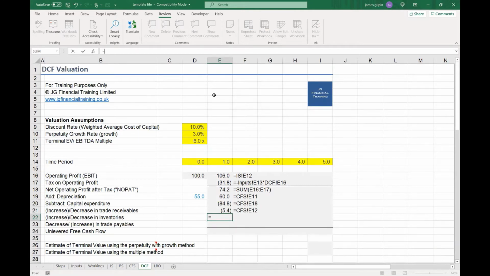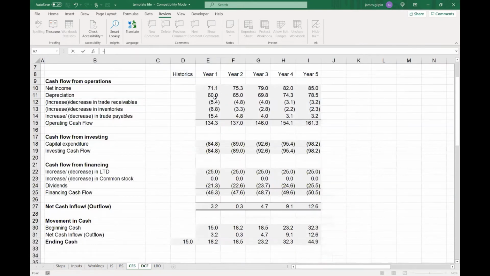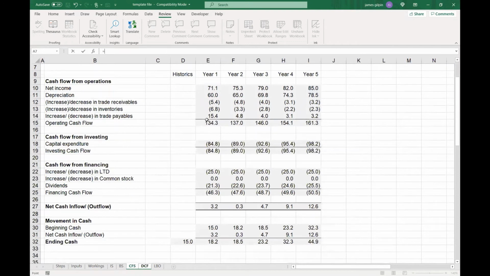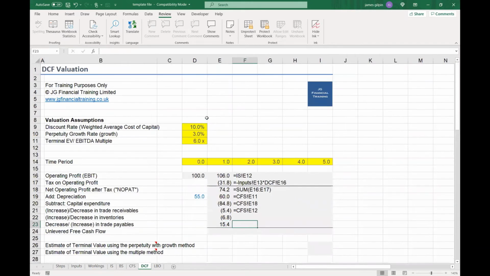E12, E13, and E14. So that gets me down to my next subtotal, my unlevered free cash flow of 52.6.